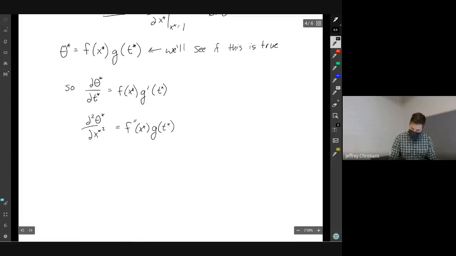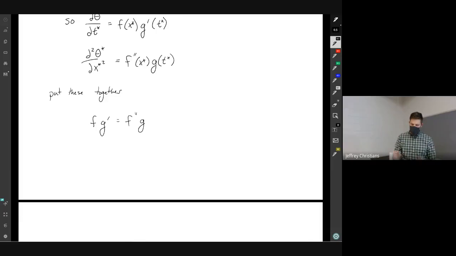Okay, so we've put these together, and we get f g prime equals f double prime g.